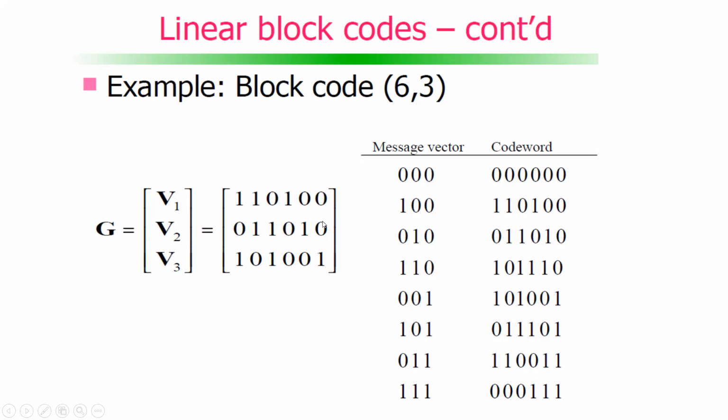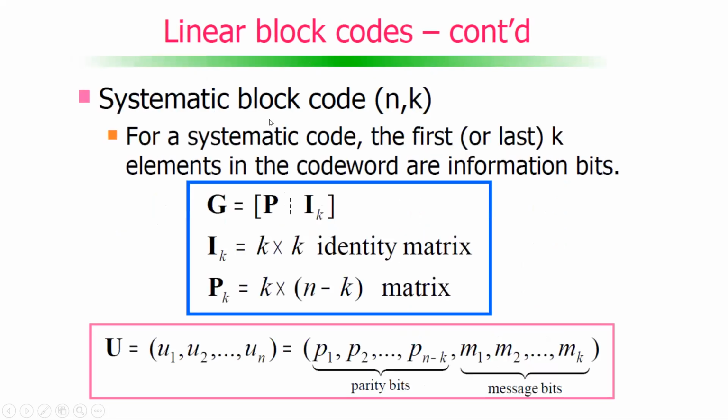So this message vector is a part of the code word, and that will be called a systematic block code. For a systematic code, the first or last, as I said yesterday, I will consider only the last, but you can consider the first also. There can be examples where the first k bits will be message bits in the code word, but let us consider the last k bits as message bits in the code word.